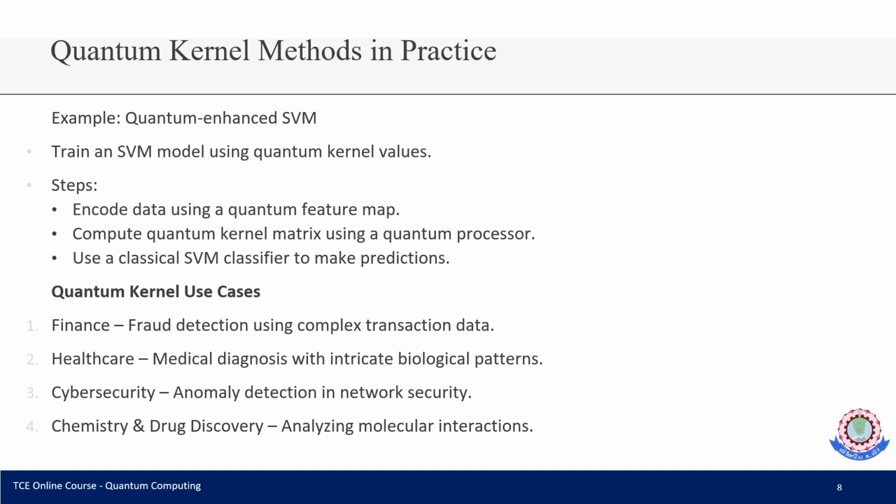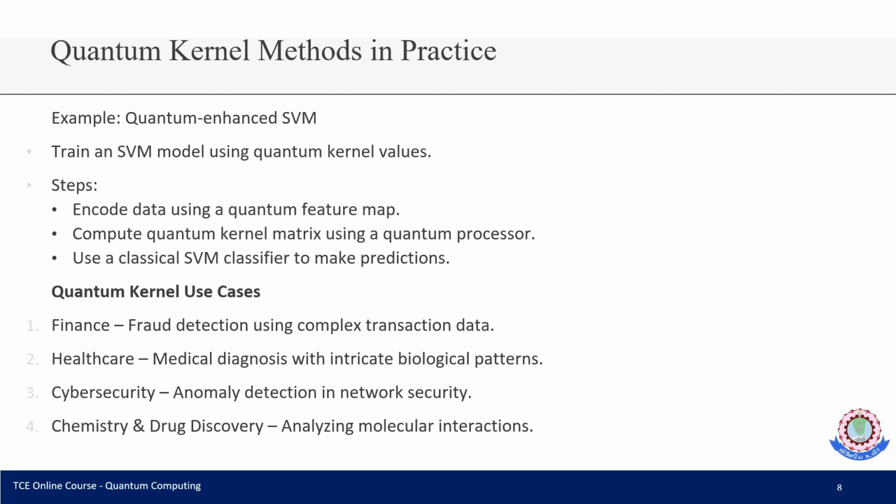Quantum kernel method in practice: we can train the SVM model using quantum kernel values. The steps are, first, encode data using a quantum feature map, compute the quantum kernel matrix using a quantum processor, and then use a classical SVM classifier to make predictions. For use cases, we can go with finance, healthcare, cyber security, chemistry and drug discovery.